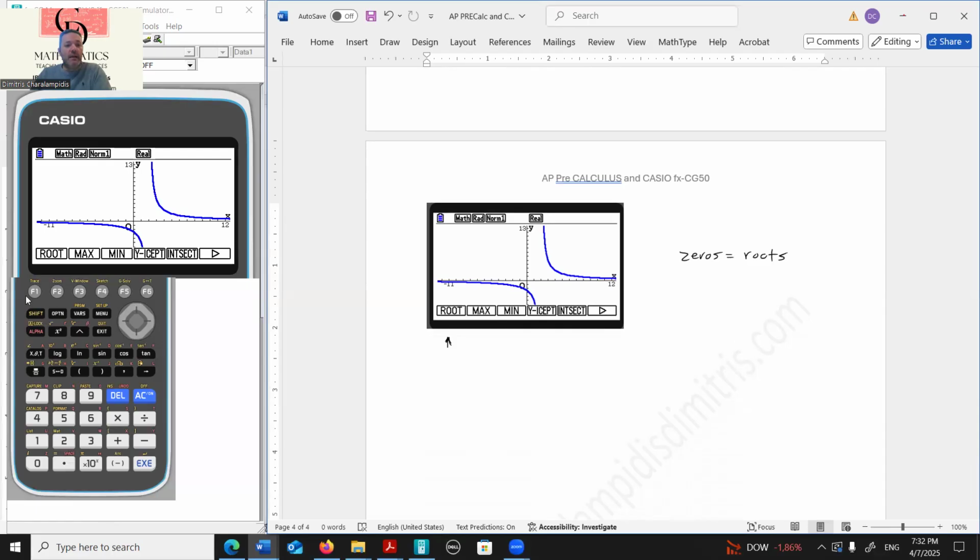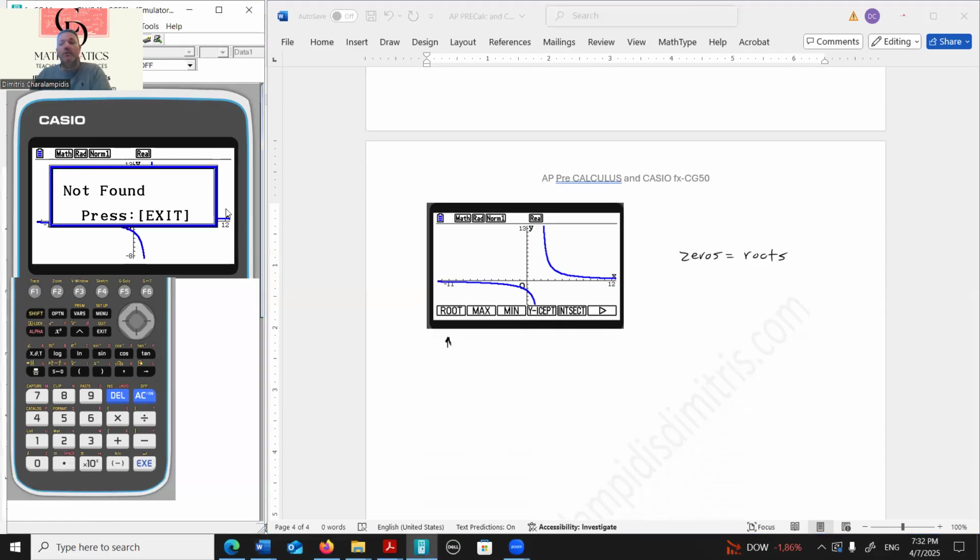So I'm clicking on that, F1, not found. This means that this graph does not have any x-intercepts, any roots, any zeros. Let's work with some more.